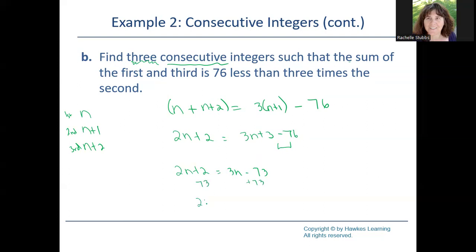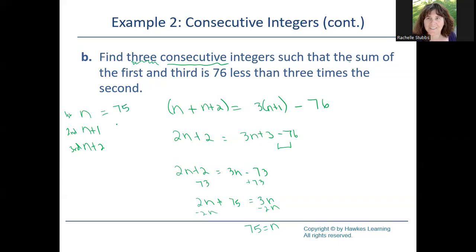Oops, sorry. 2n plus 75 equals 3n. So subtract 2n from each side, and 75 equals n.